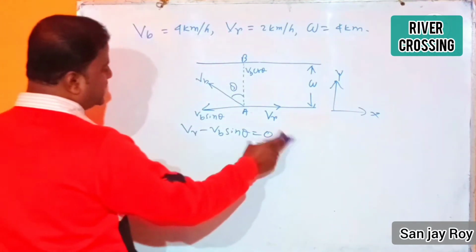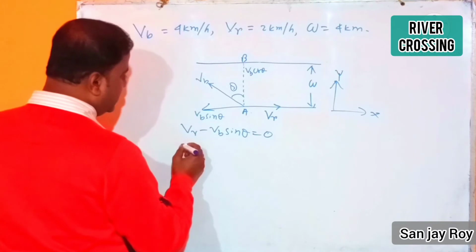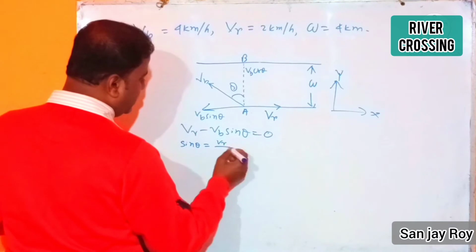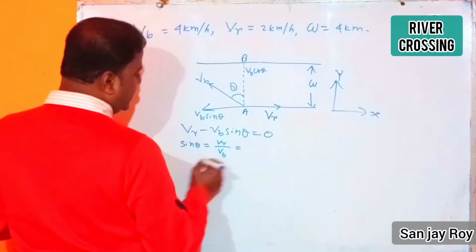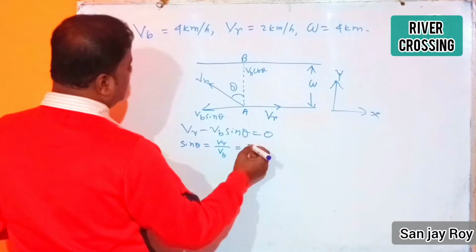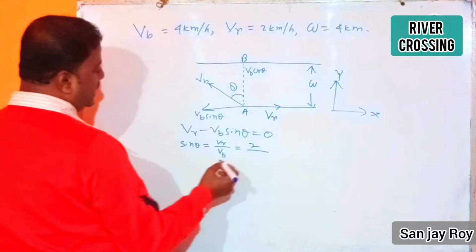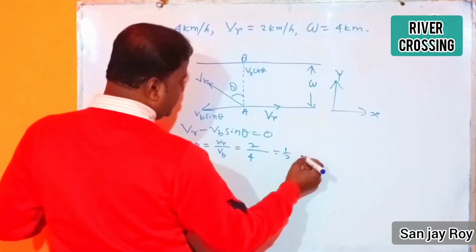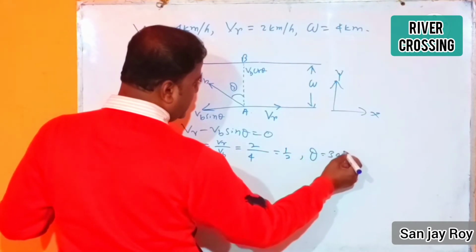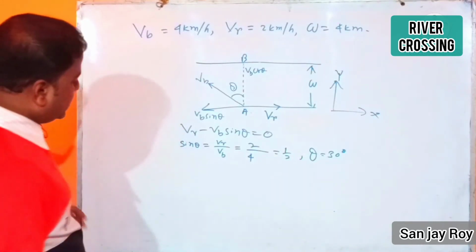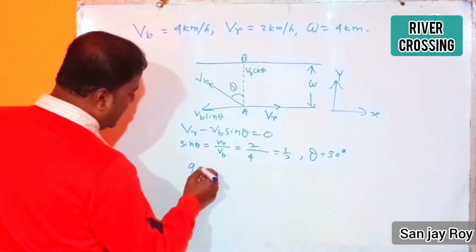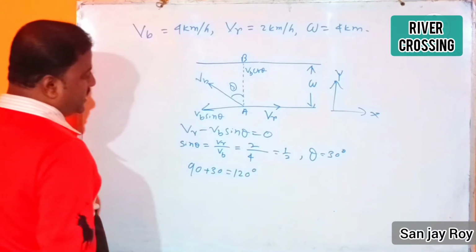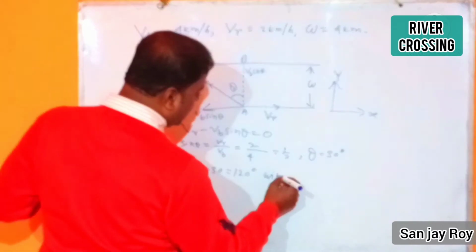This is the condition: VR equal to VB sin theta, that is sin theta equal to VR by VB. Here VR equal to river current 2 km per hour and the velocity of boat 4 km per hour, and this gives theta equal to 30 degrees. That is, the boat should be driven at an angle 90 plus 30, that is 120 degrees, with the river current.